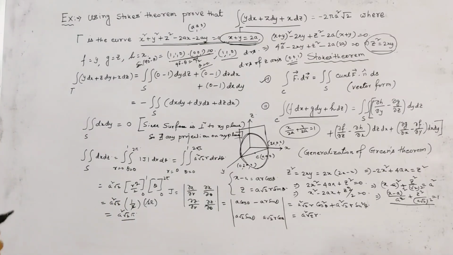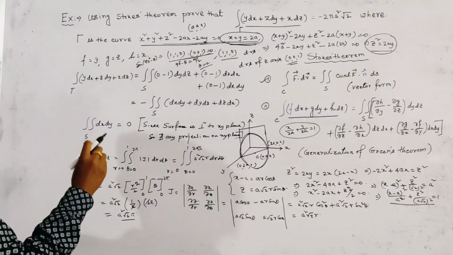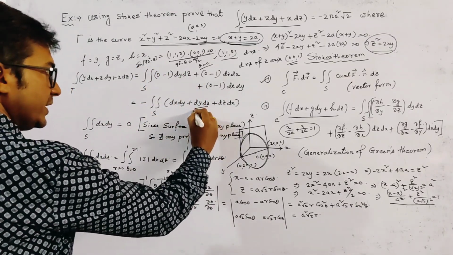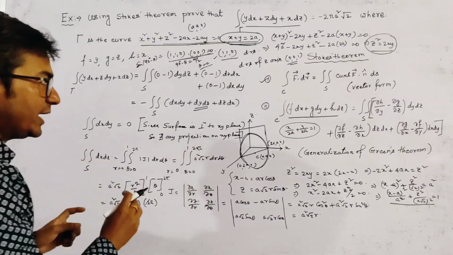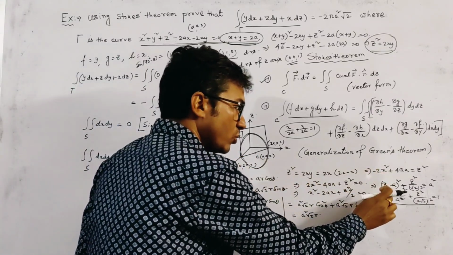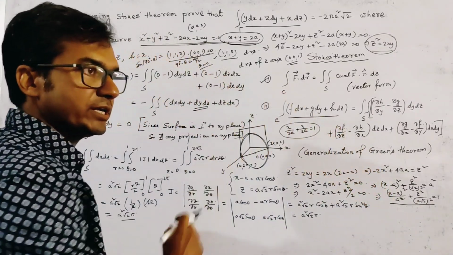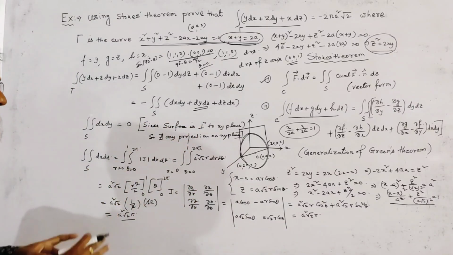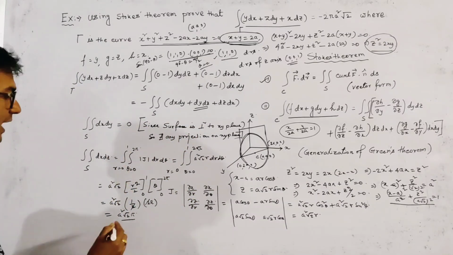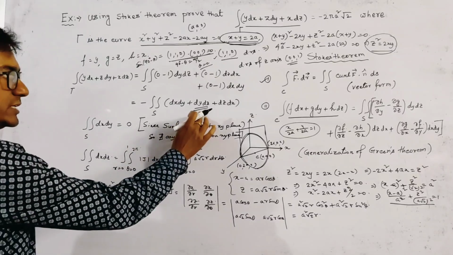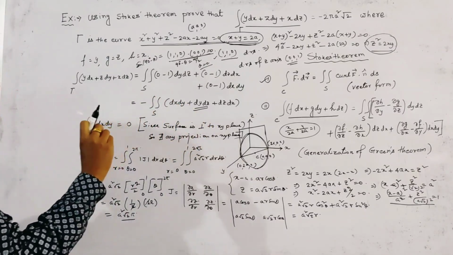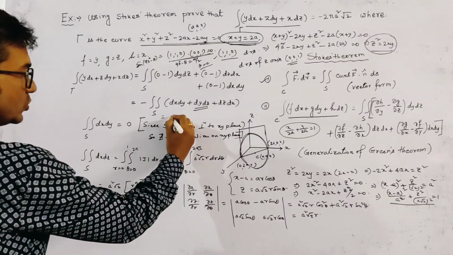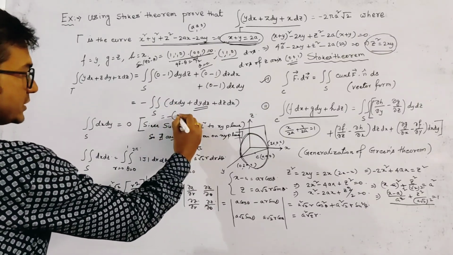Clearly, if we project the surface again on the yz plane, then in place of x we get y, and the integration and Jacobian are the same, so we get the same value for this integration. So we get three values of integration. The first integration is equal to 0.